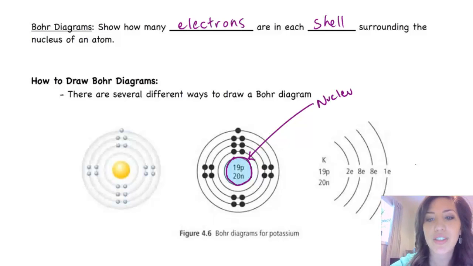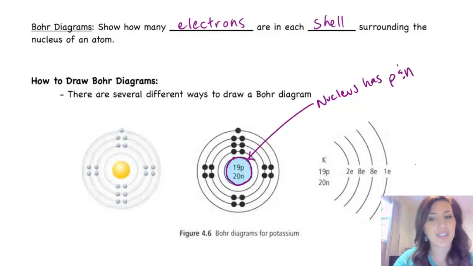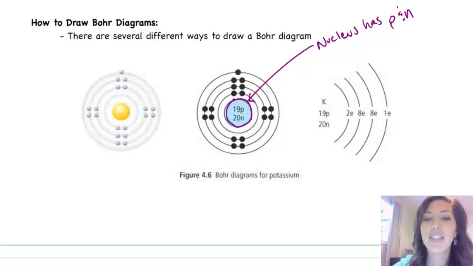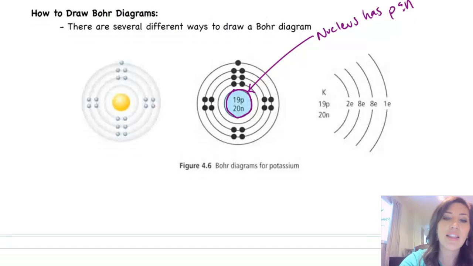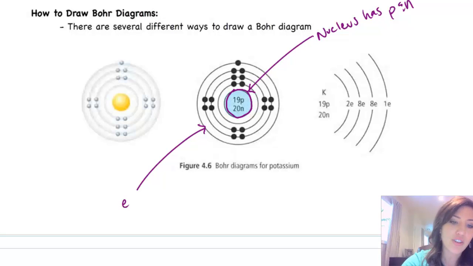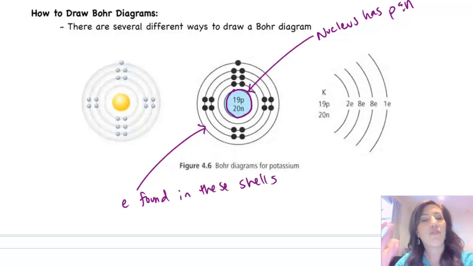So let's write this. Nucleus has protons and neutrons. Now, surrounding the nucleus, we have electrons in these shells. So, electrons found in these shells. And the shells form the bulk of the atom.